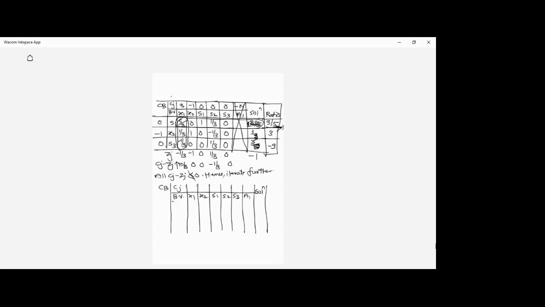It is 3, -1, 0, 0, 0. Here it is the -M value, right?